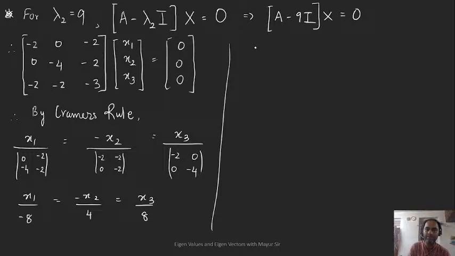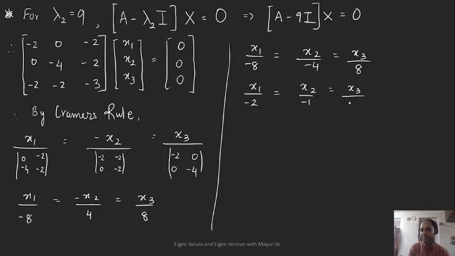First we simplify because the minus sign is there. Minus 8 here, x2 over minus 4, and here x3 over 8. So reduce it. So x1 over minus 2, then x2 over minus 1, and x3 over 2, and you call this t.